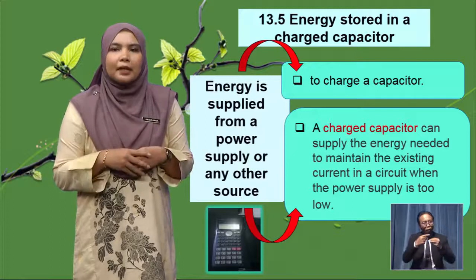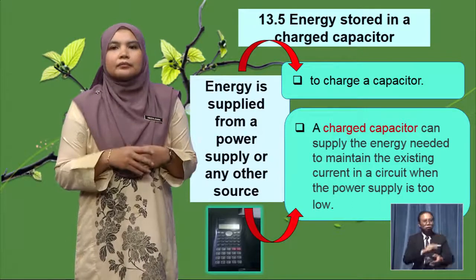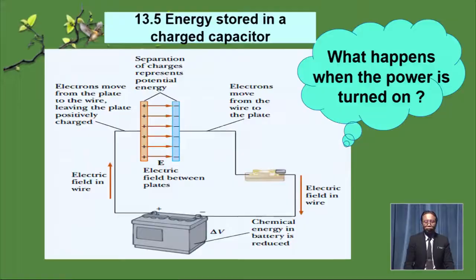When the power supply is turned on, the capacitor gets charged. The plates of the capacitor acquire positive and negative charges. Hence, an electric field exists between the plates of the capacitor.